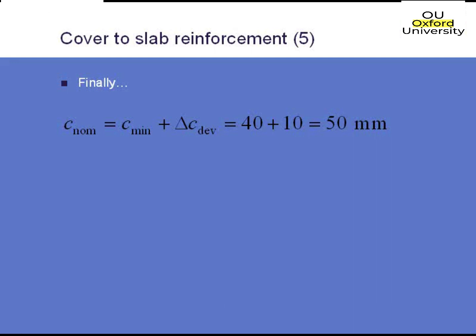Basically, the structural class thing that I was talking about is a nationally determined parameter. And what the UK National Annex does is, instead of giving a number for the structural class, it tells you to use BS 8500 to calculate what your cover is, and then that number feeds into the rest of your calculations.